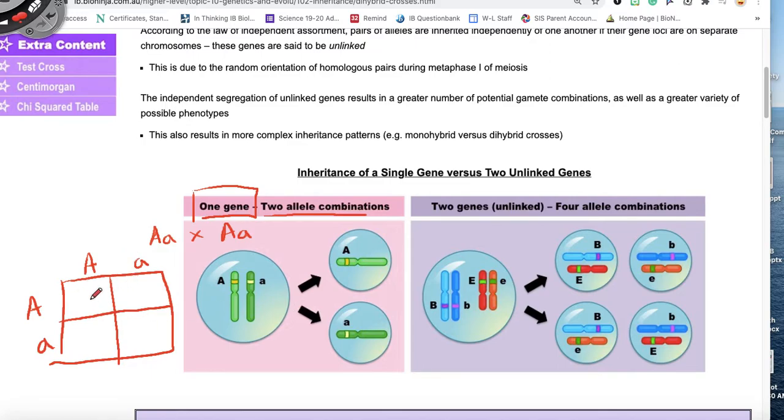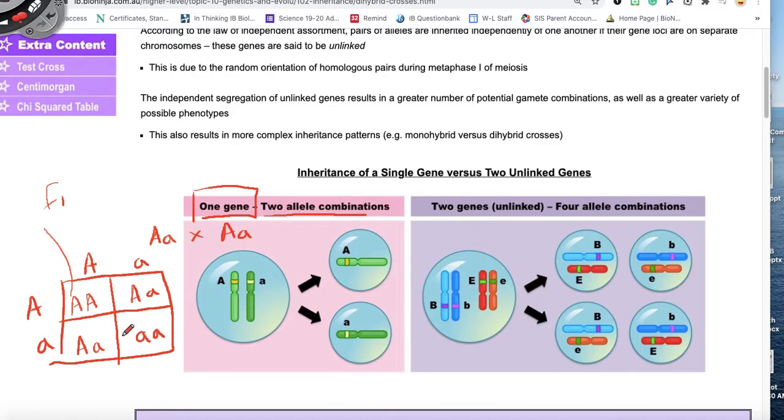And then you know that the potential offspring, or the F1 generation, could potentially look like this, right? And all these are probabilities. So you're going to end up with a 50% chance of a heterozygous offspring, or 25% chance of a homozygous dominant or homozygous recessive offspring.